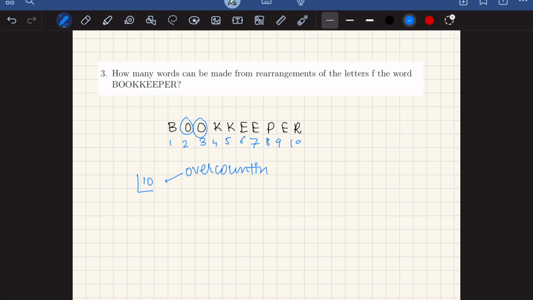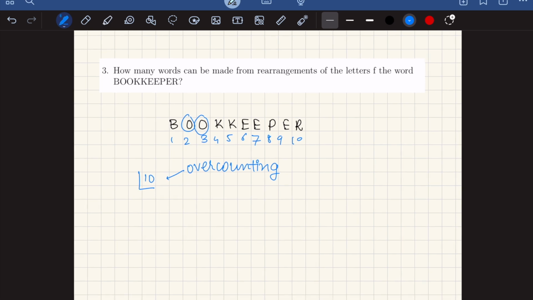That is, there are words being counted more than once because there are repetitions of letters. So we want to get around that. Let's count how much excess we are counting. What is the number of letter O's that you have?